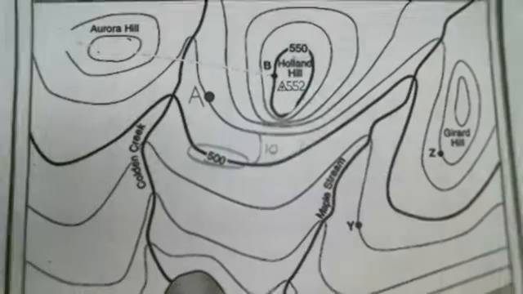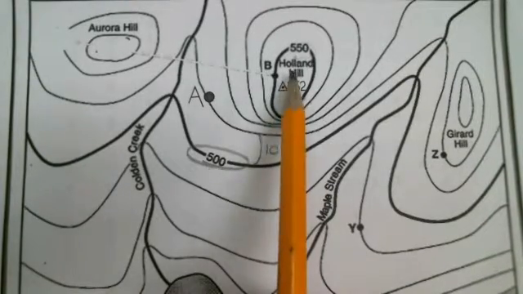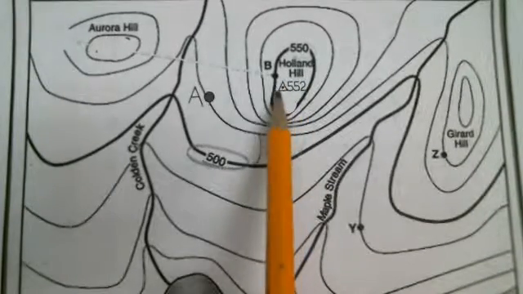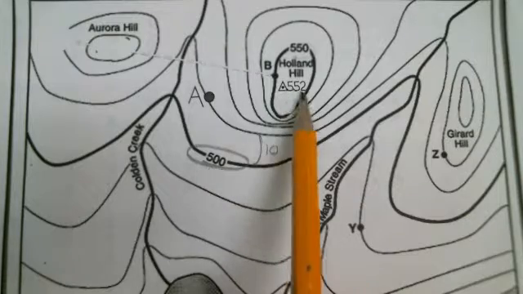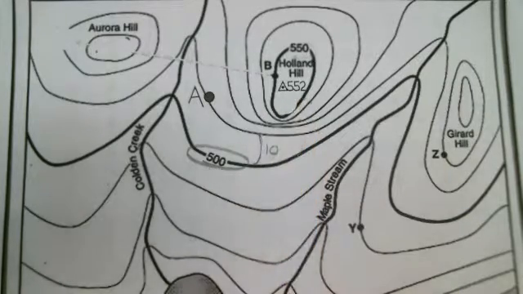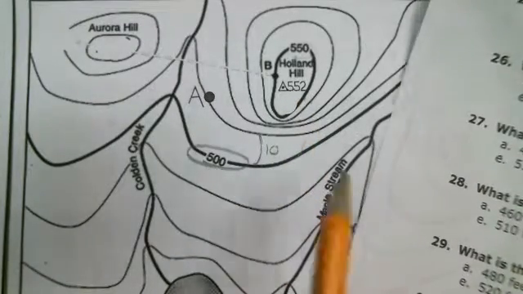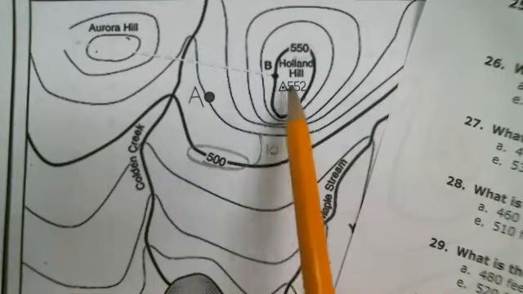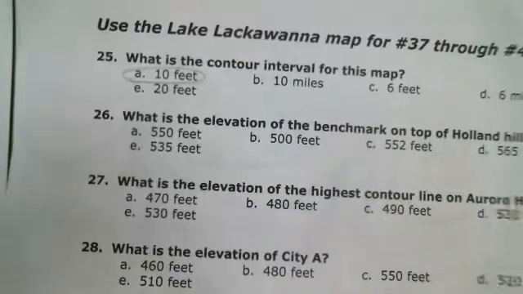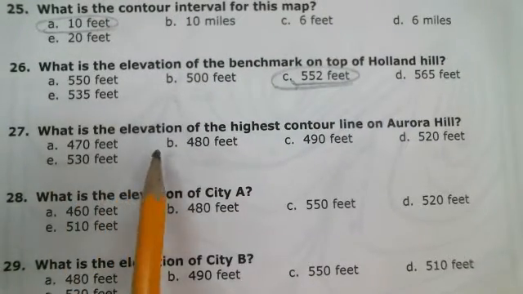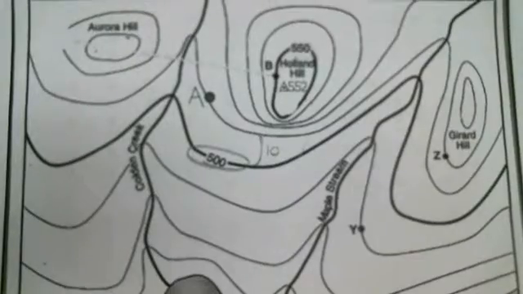Number 26, what's the elevation of the benchmark at the top of Holland Hill? Here's Holland Hill. The benchmark is this triangle, and it's labeled with the number 552. So that's the elevation of that particular spot on the top of the hill. 552, option C. Number 27, what is the elevation of the highest contour line on Aurora Hill?